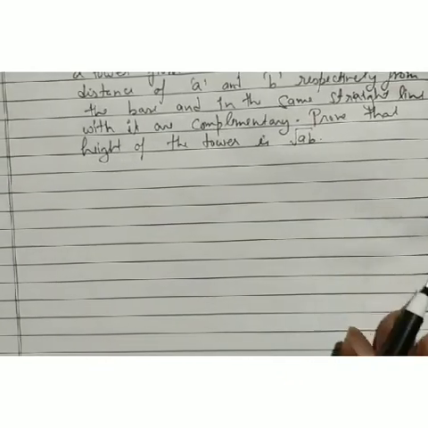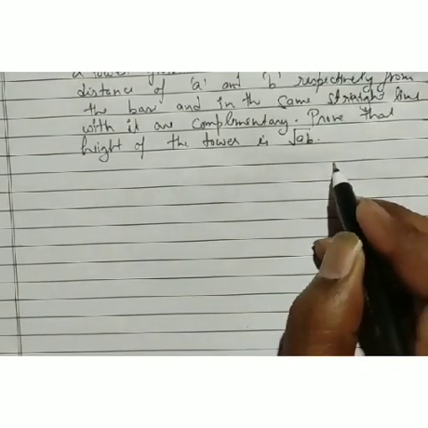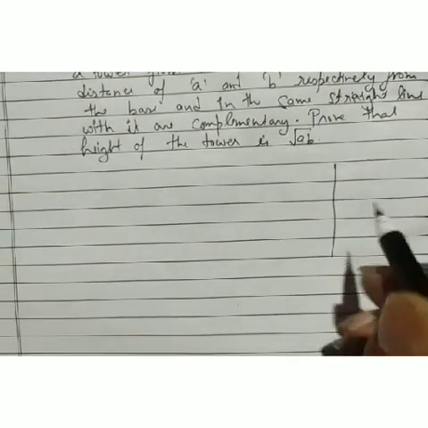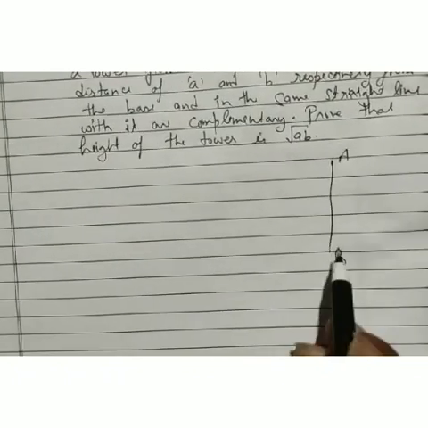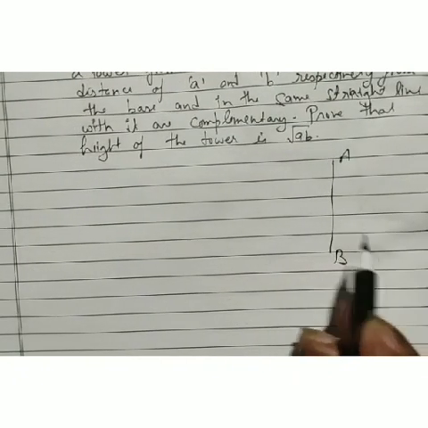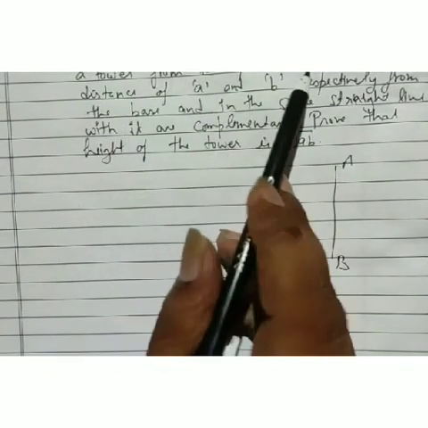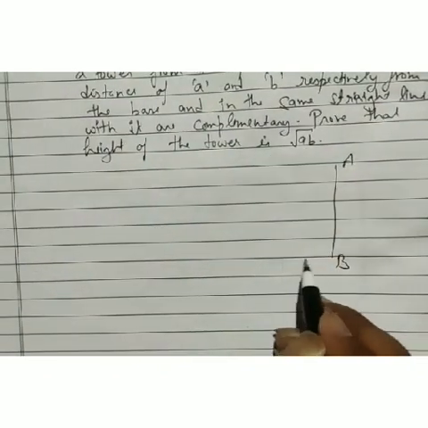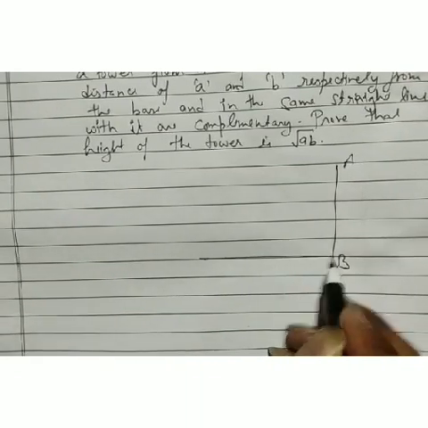Now on the given information, we are going to draw a rough figure first. Suppose we have a tower AB. And it's given that from two points P and Q, suppose on this horizontal line we have taken two points.